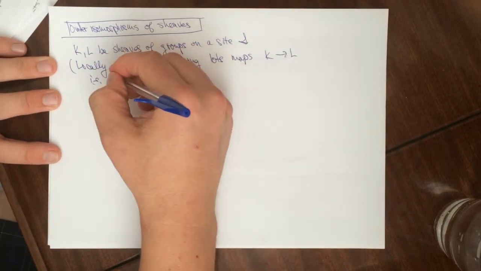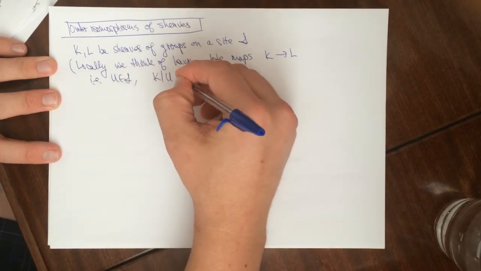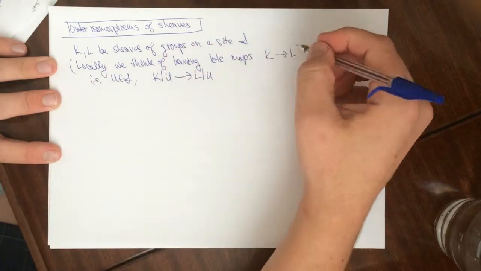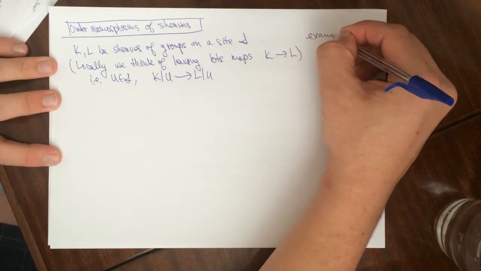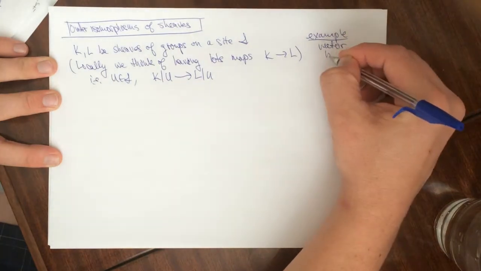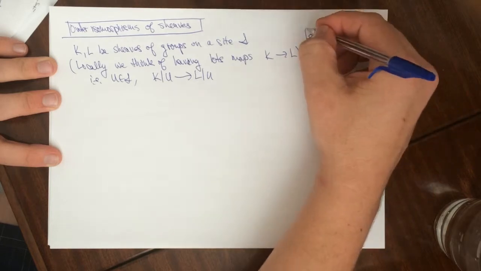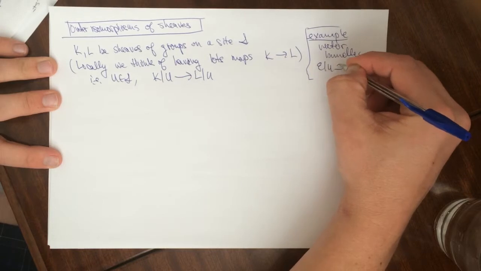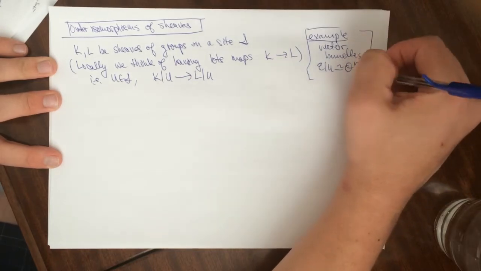For U in S, we're going to have maps like this. This happens, for example, for vector bundles, or locally free sheaves, which look like some copy of the structure sheaf.